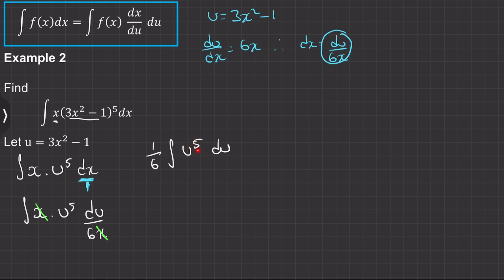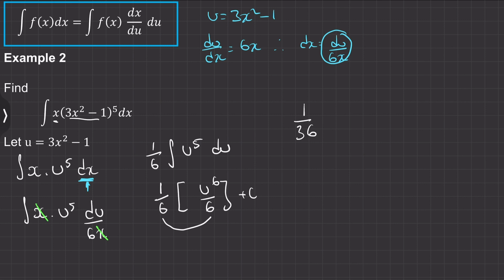So now we can integrate this, which is far simpler than integrating all of that. So we get 1/6 of u to the 6 over 6. And we can substitute u back in as 3x squared minus 1. So we have 1/6 times the 6, which is 1 over 36.